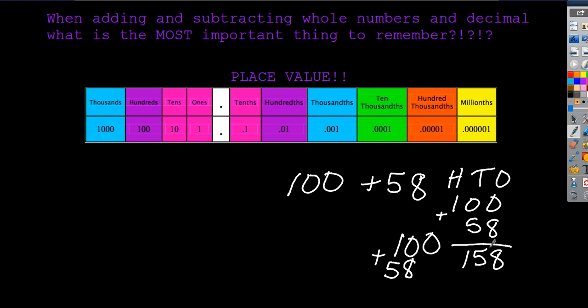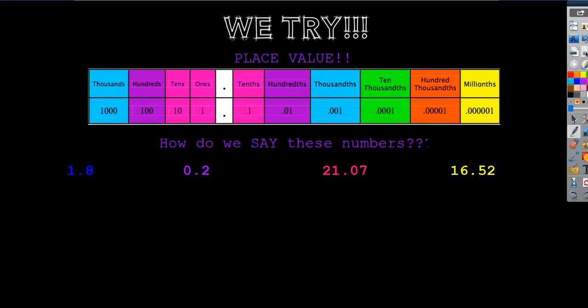The same thing is true for my place values when it comes to decimals. So to help us out, the first thing we want to make sure that we're practicing and continuing to work on is reading our decimals correctly. When you read decimals, you take the digit and whatever place it ends in, and you read that place value.